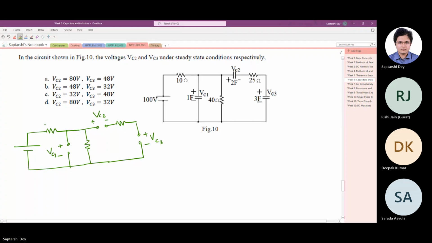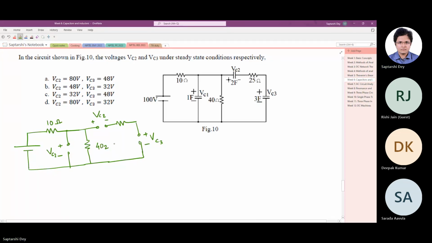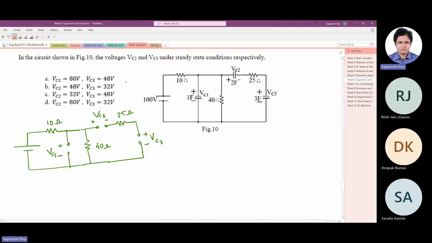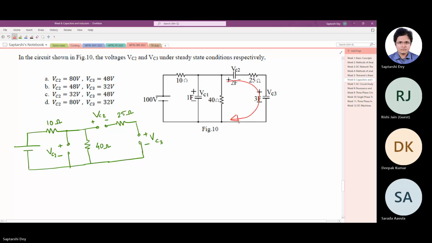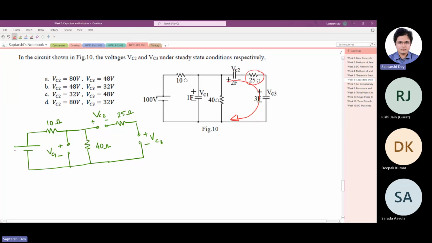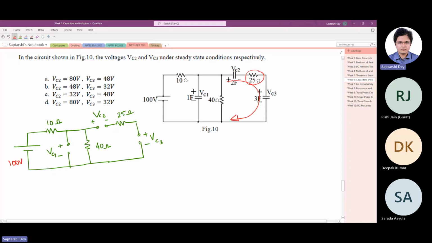Okay. Now this is 10, this is 40, sorry, 25. So as you can see that during steady state, this loop does not carry any current. This 25 ohm carries no current. Current only flows in this 10 ohm and 40 ohm resistance.